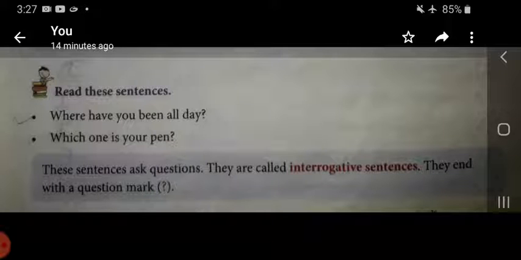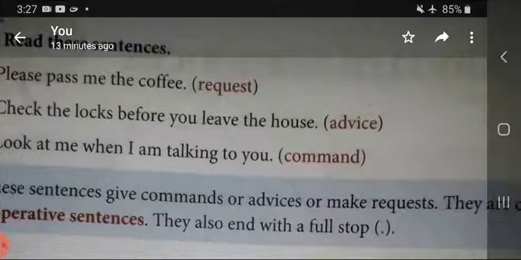For example, where have you been all day? Which one is your pen? How old are you? Where do you live? Will you come to my house? These all are statements ending with a question mark, so they are called interrogative sentences.